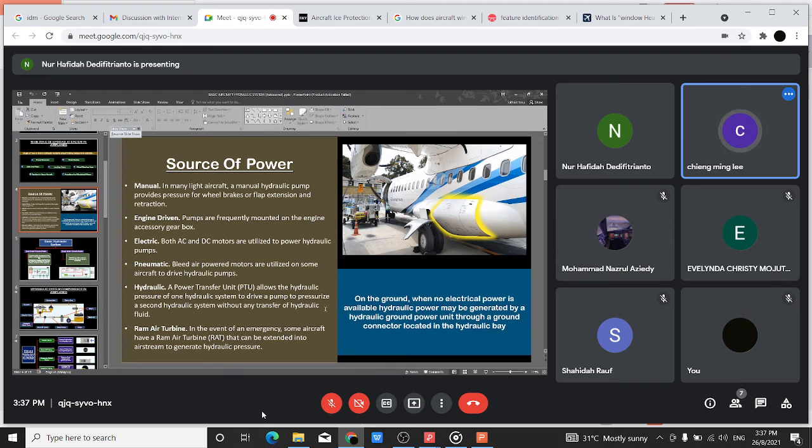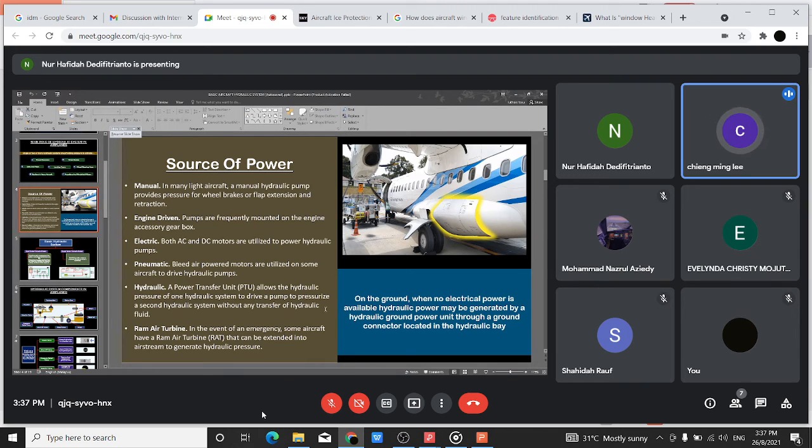If you're using, this is also switched on, it is using one side of the hydraulic pressure. Let's say you know the blue and green system. If the green system fails, there's a power transfer unit, which is also a pump, right?